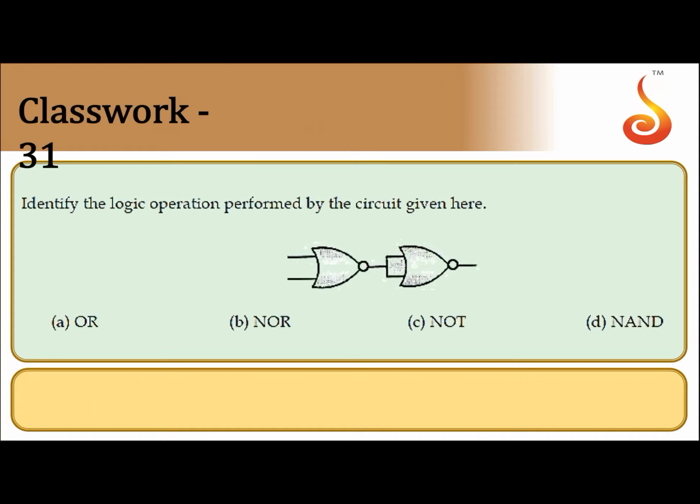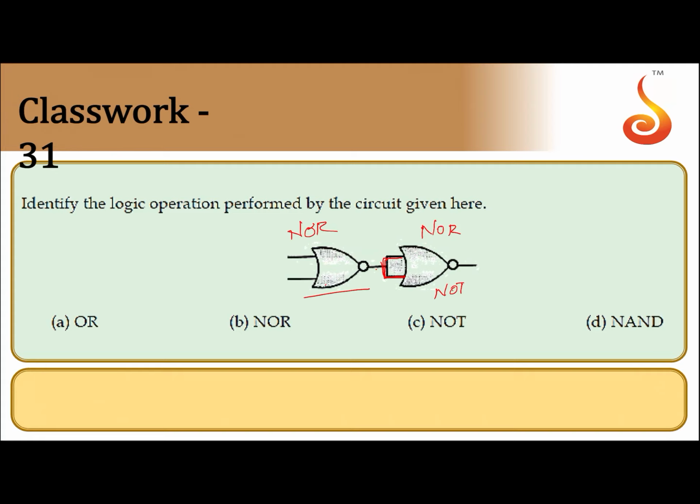Moving on to the next one. Identify the logic operation performed by the circuit given here. This is a NOR gate and this is also a NOR gate. When a NOR gate has both the inputs shorted, then it behaves like a NOT gate.